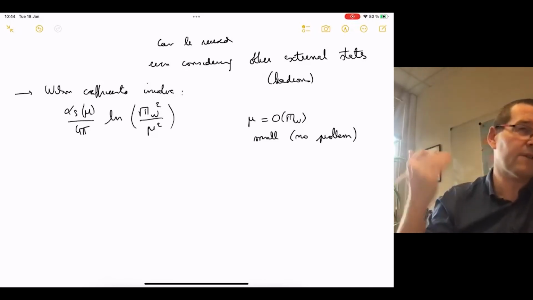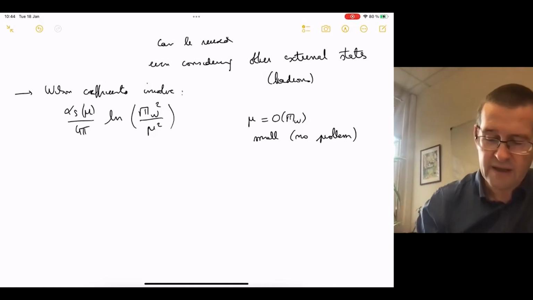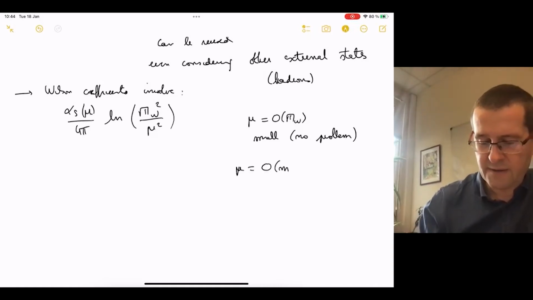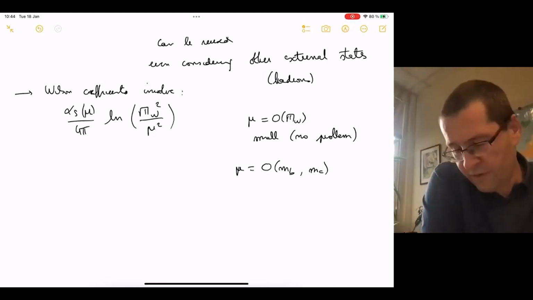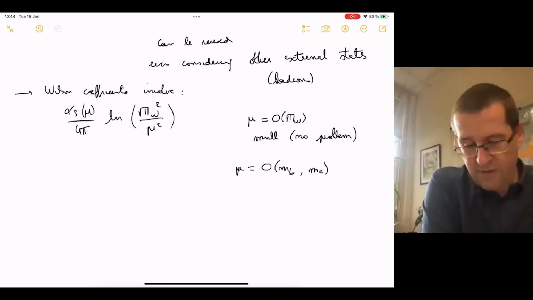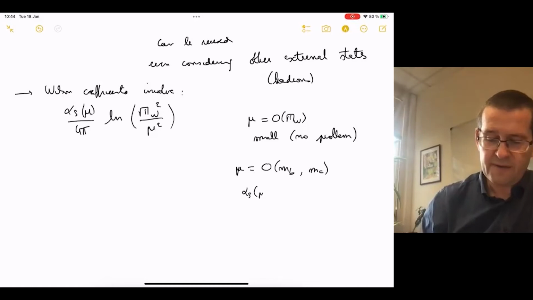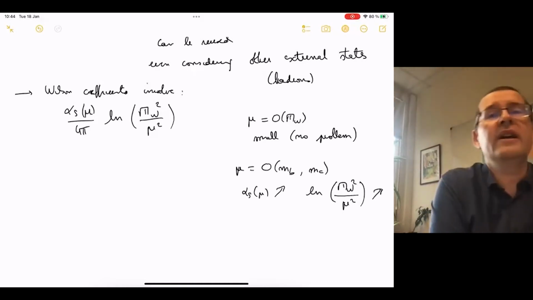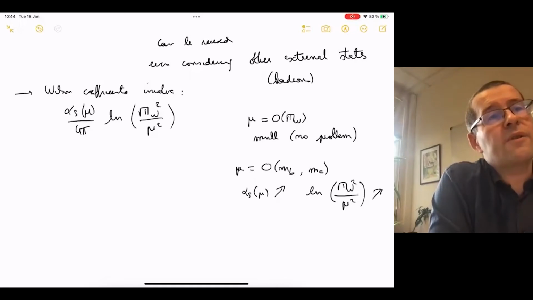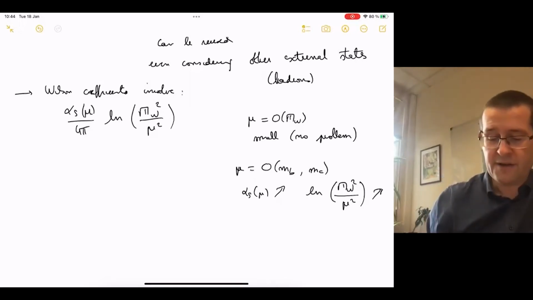So typically the bottom quark mass, the charm quark, or these kind of things. And so if you are at the scale where this is smaller, then you see that alpha s is becoming bigger, but also the log is becoming bigger. So in principle, you might start having troubles with these large logs.